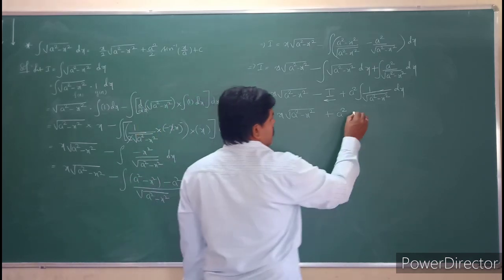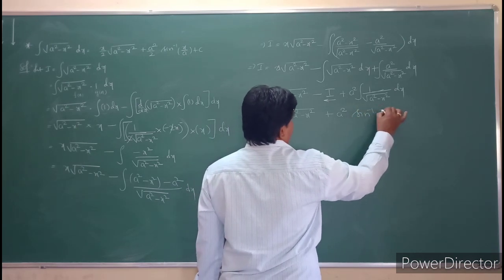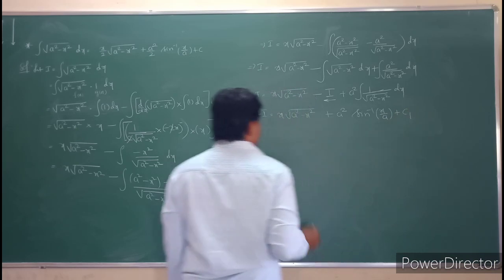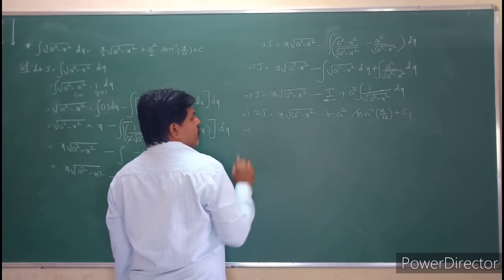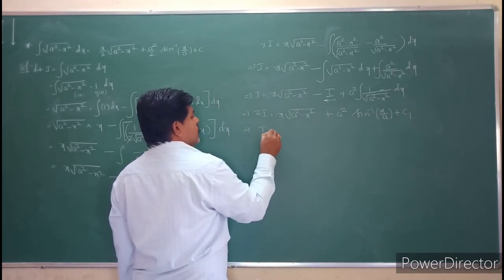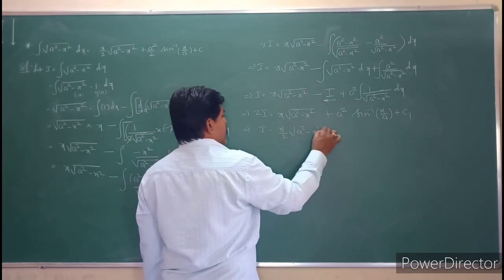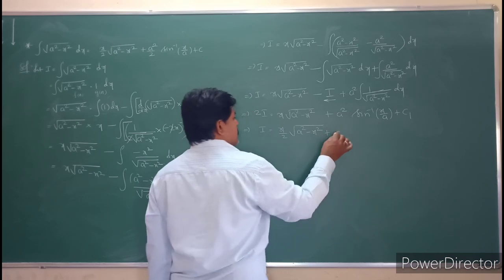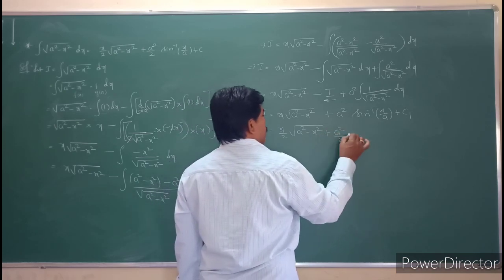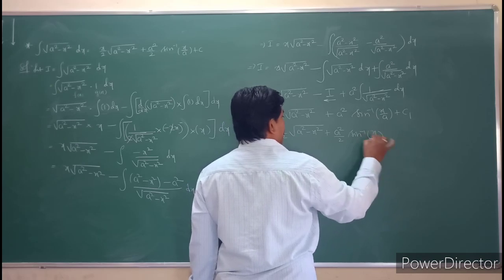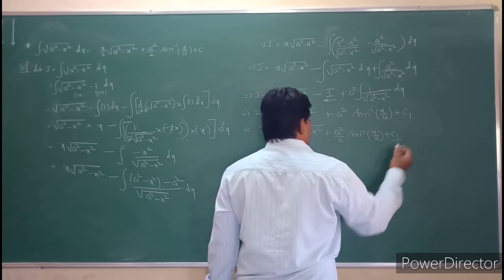That is nothing but sine inverse of x by a plus c1. So divide with 2, you will get that I is equal to x by 2 into root of a square minus x square plus a square by 2 into sine inverse of x by a plus c1 by 2.